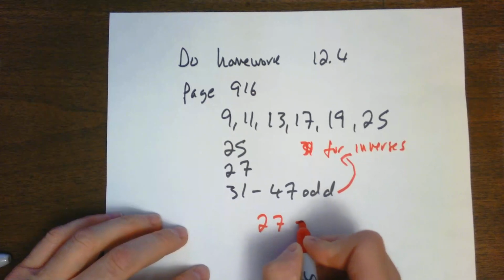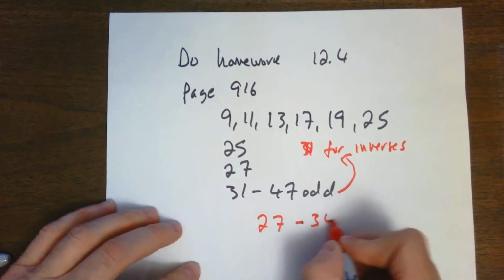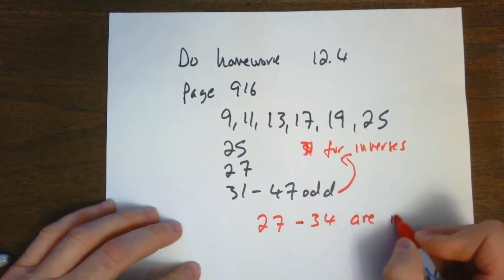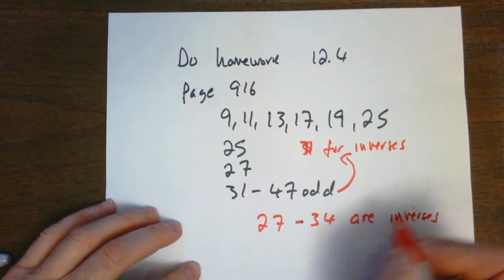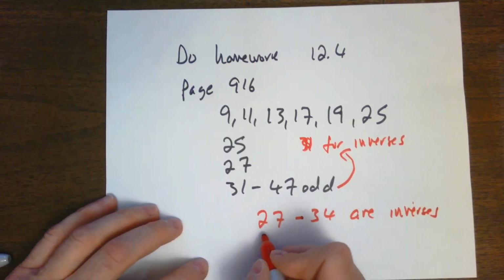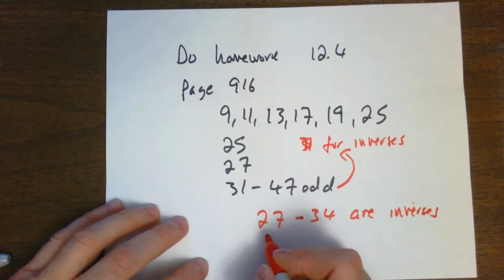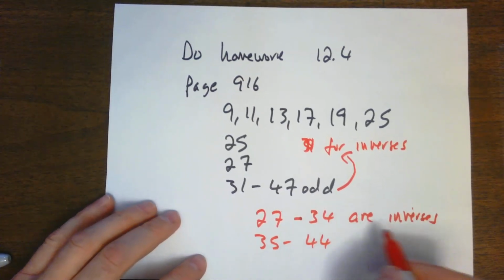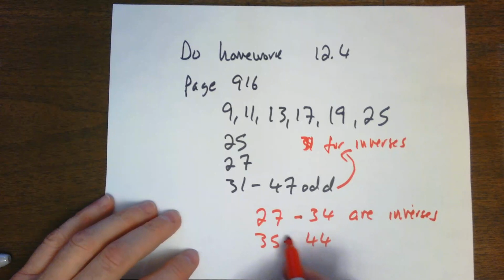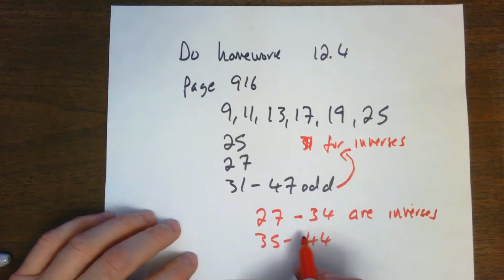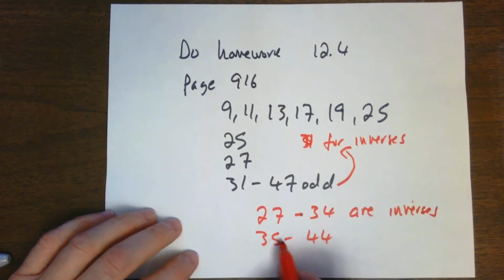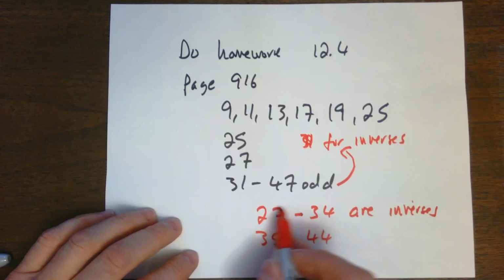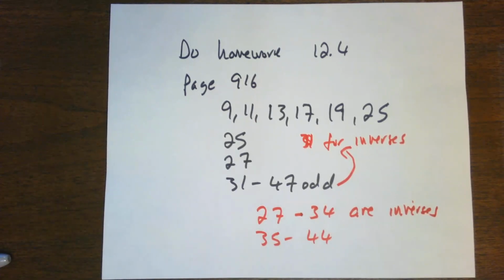Problems 27 through 34 are the inverses of problems 35 through 44. Okay, so these matrices are the inverses of those matrices. So when you have to solve this using inverses, you look back to the previous problems, and those are where the inverses will be.